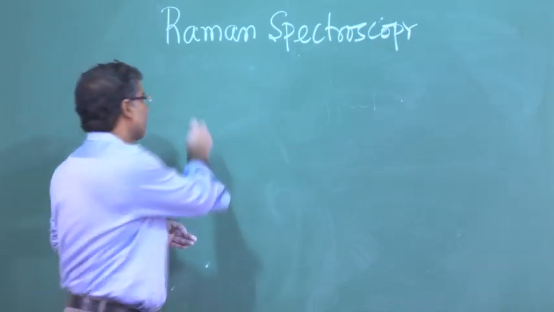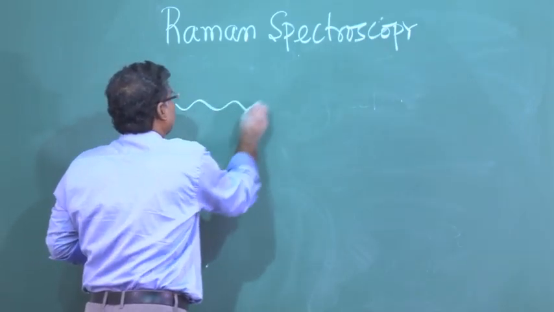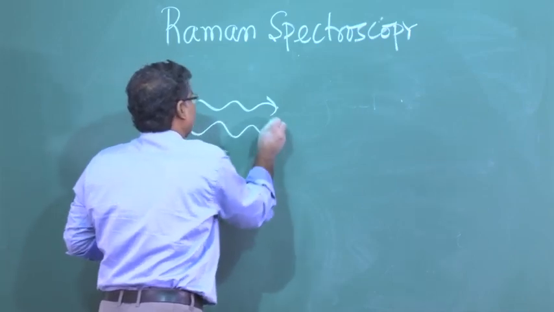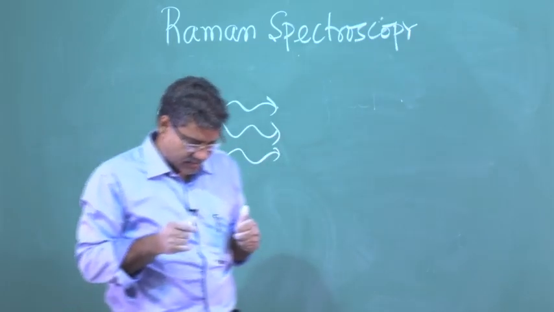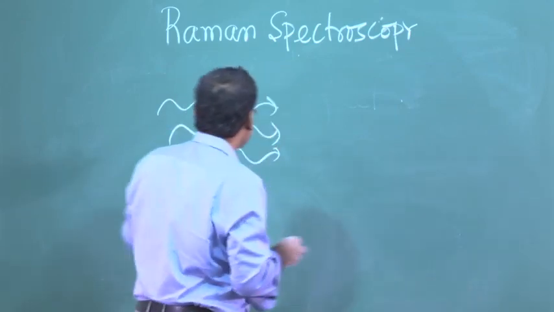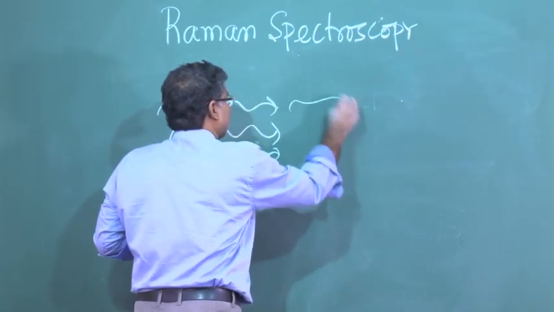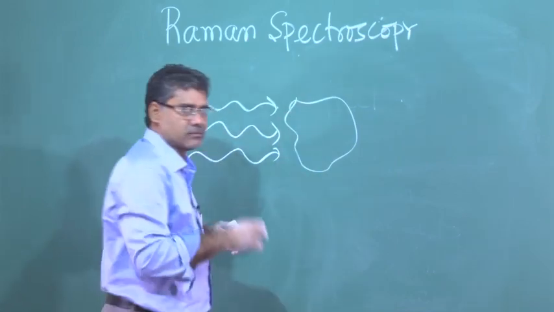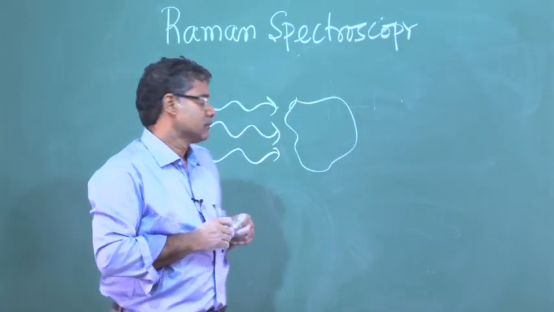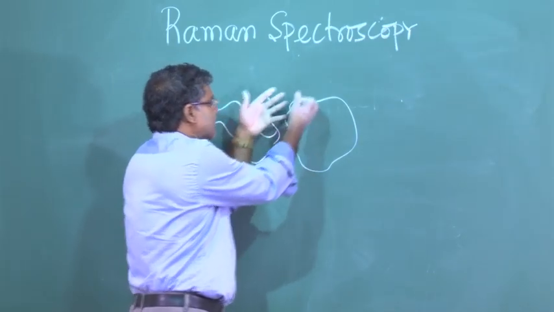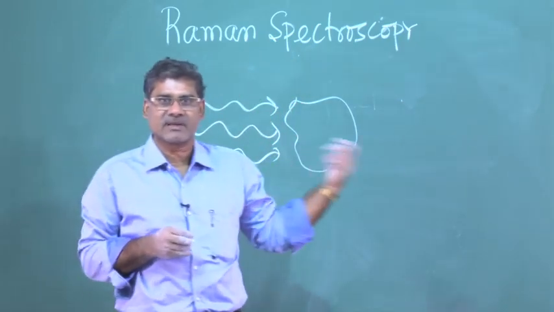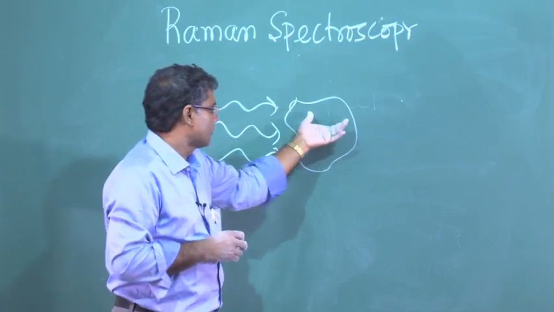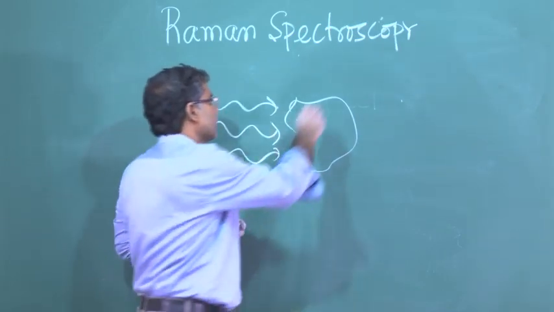So, if light or electromagnetic radiation, it may be visible light or other electromagnetic radiation, falls on a sample, then this light is scattered from this matter, from this substance, from this object, right.